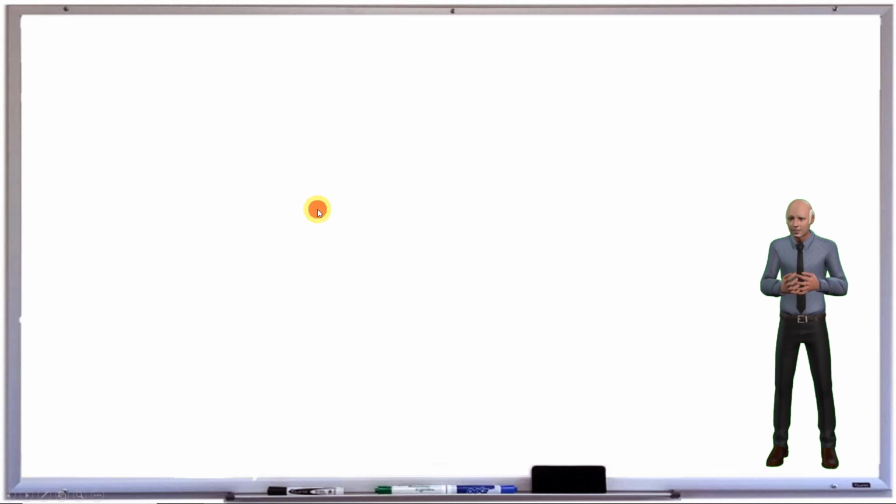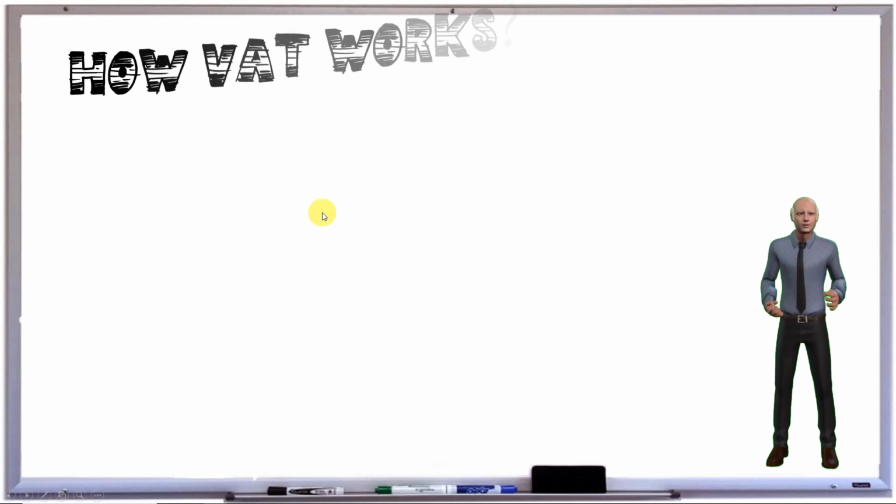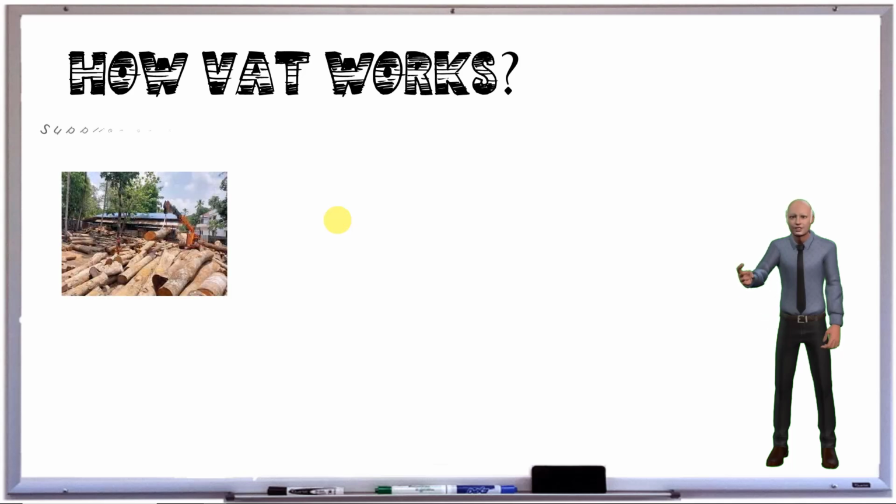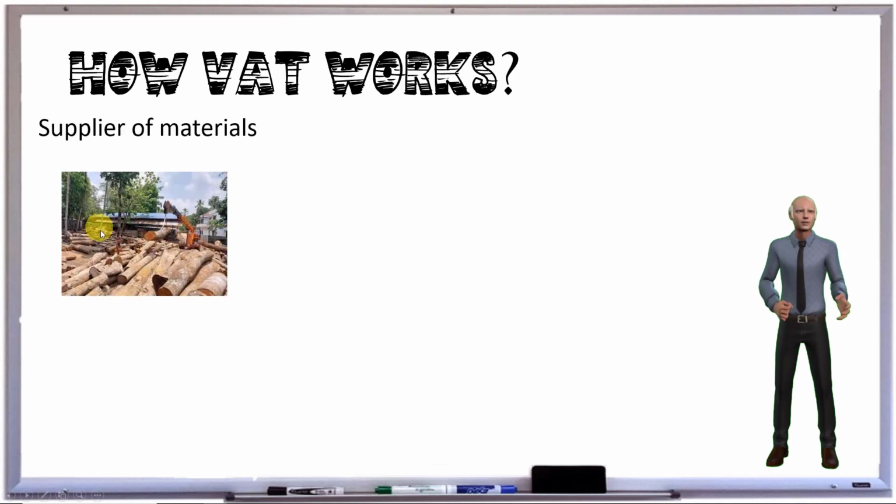Let's see. Righto, let's go and have a look at how VAT works. Firstly, once again, the same examples that we use for GST. We've got a supplier of materials. This guy's cutting the materials because we're going to be looking at, let's say, furniture for industry or whatever.